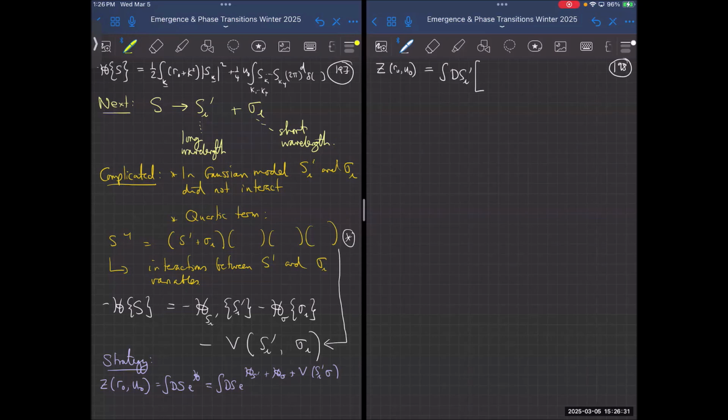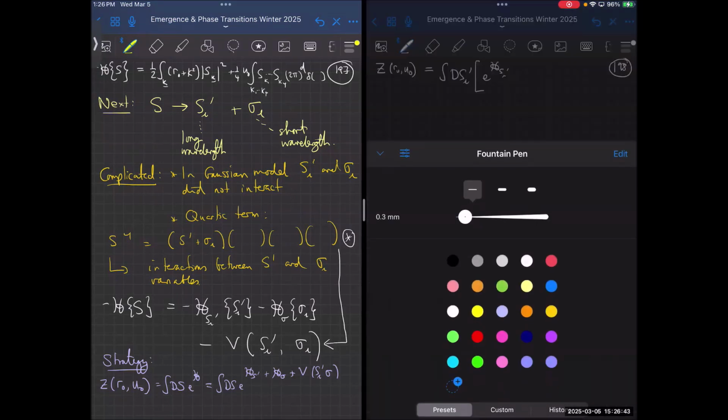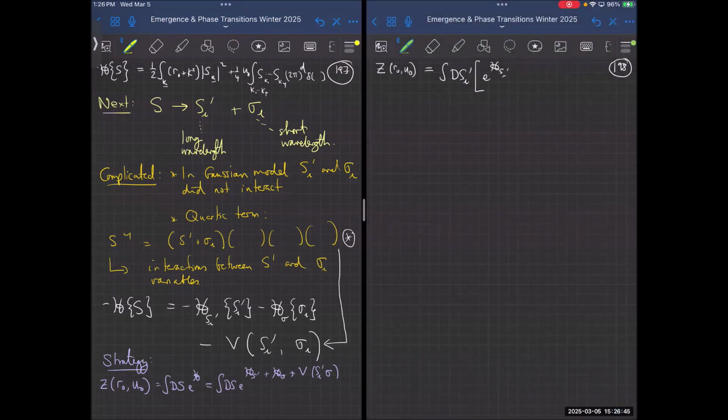We're going to have e to the h of s L prime, so these new variables. Then that is going to be multiplied by a factor of the integral d sigma L of e to the h sigma plus v of s and sigma.